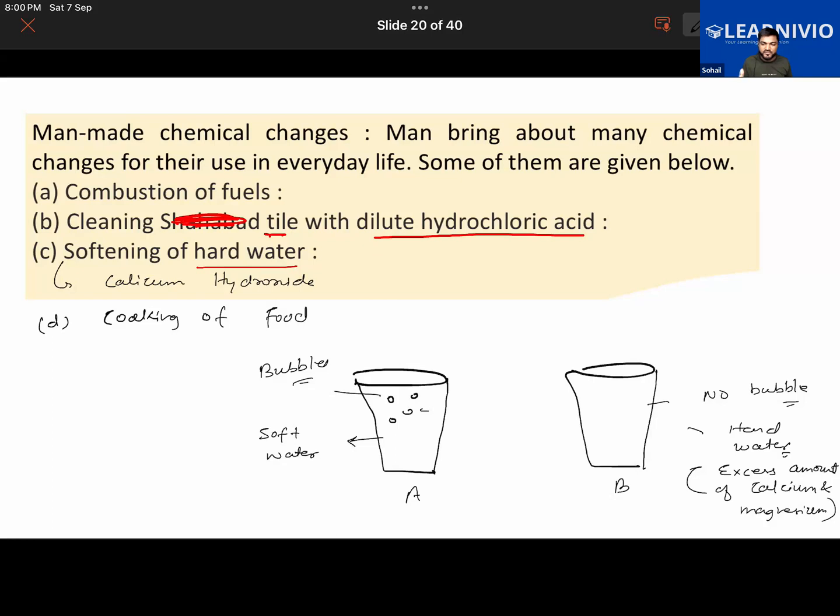Have you ever observed that, Razan? If you live in an area where the water is very hard, over some time there will be a deposition of a white layer on the inner surface of the bucket. Aman, you are from Delhi, you might have observed this. Understood the thing about hard water, Razan?